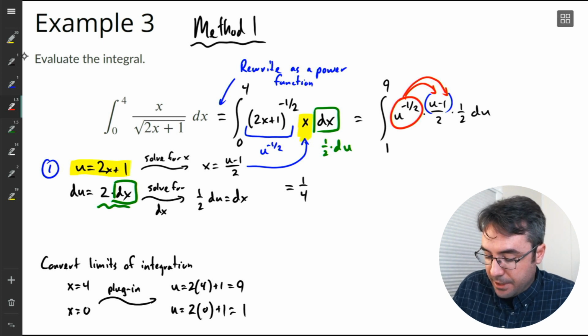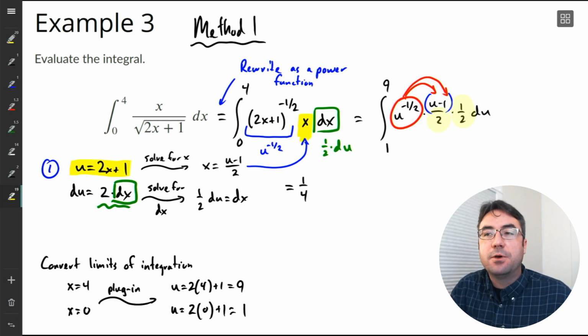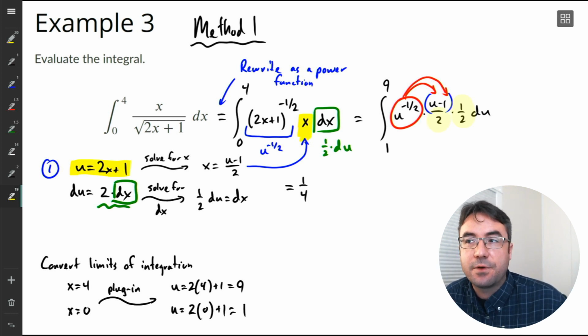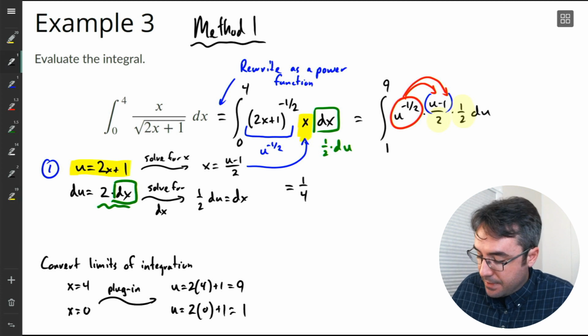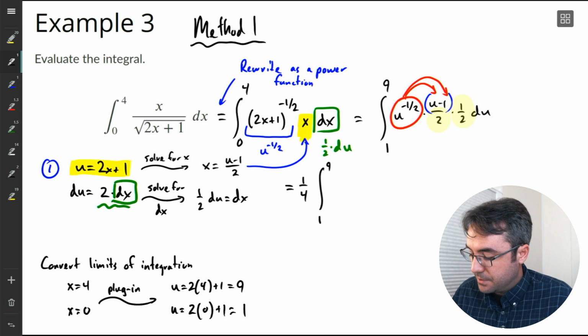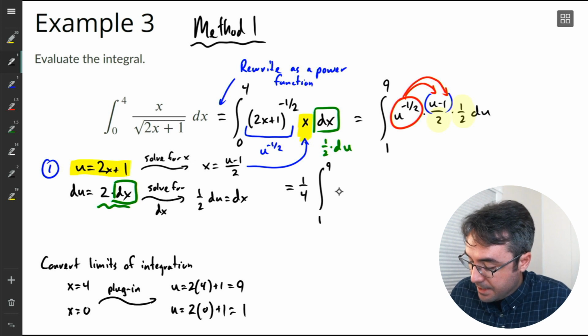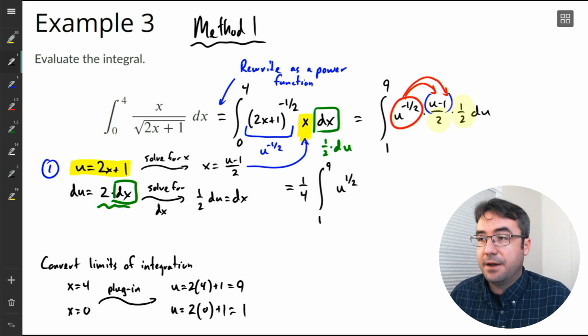So what we're doing here, trying to do a few steps all at once, we're taking this 1/2 and this 1/2, multiplying those together and putting a 1/4 out front. And then we're going to have the integral 1 to 9. And then if we multiply that u to the negative 1/2 through, we're going to end up with u to the positive 1/2.